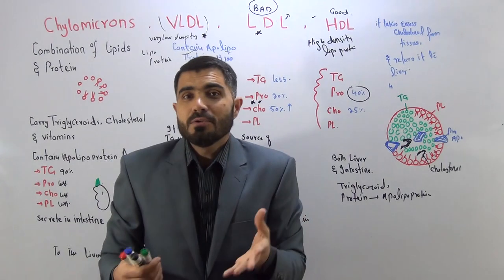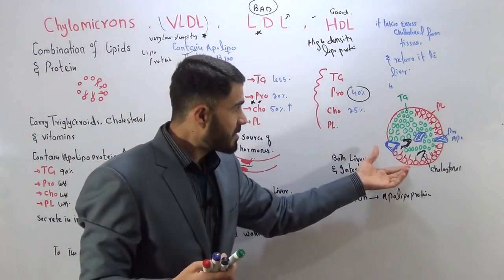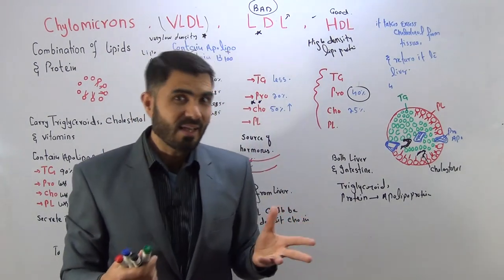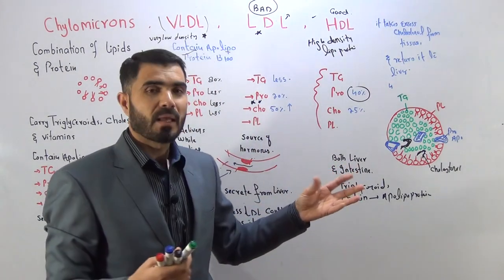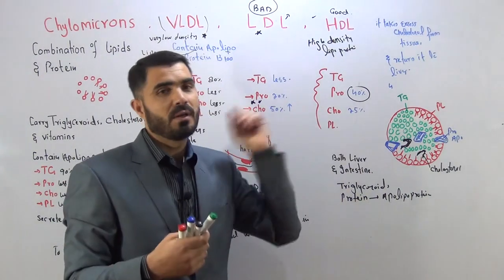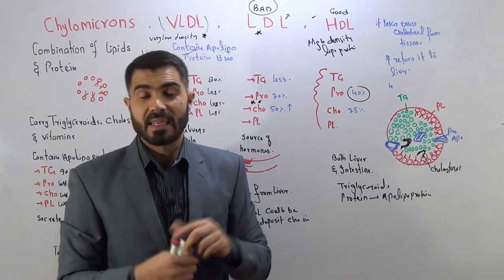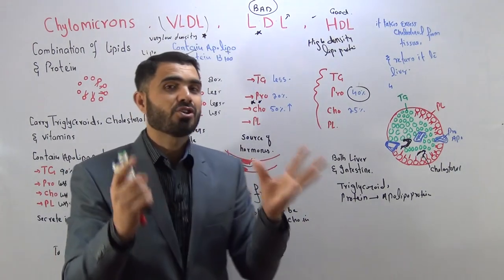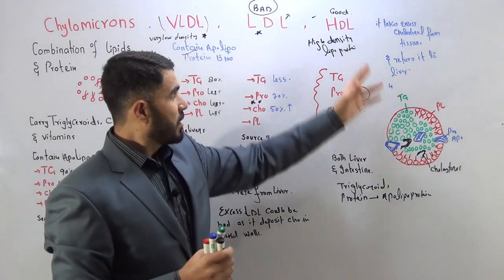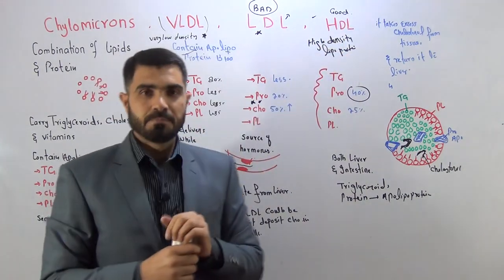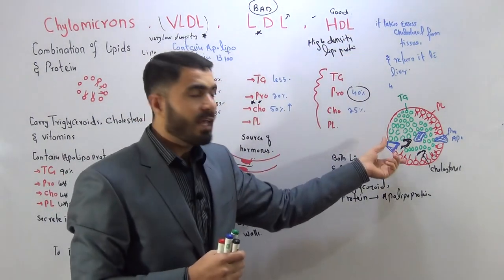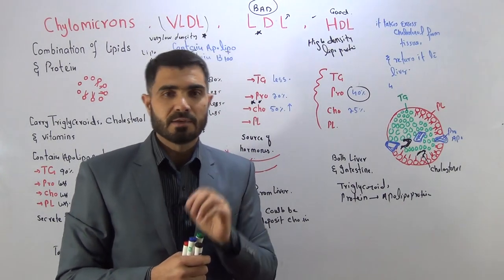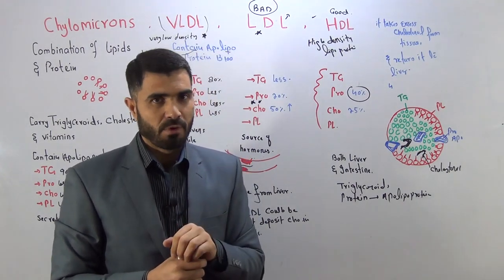So as I told you in the beginning, this structure actually represents all these four terms. What decides is the amount of the individual constituents. This is the first thing. Second, the formation. In case of HDL, the ball-like structure is formed in both the intestine and the liver.